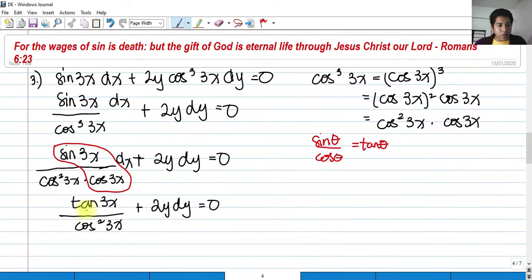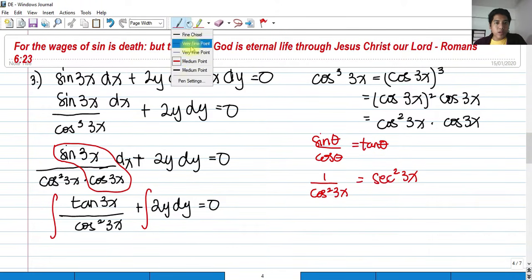If we are going to integrate this, we first need to transform this to another trigonometric function. We have 1 over cosine squared 3x, and 1 over cosine squared is simply equal to secant squared 3x.